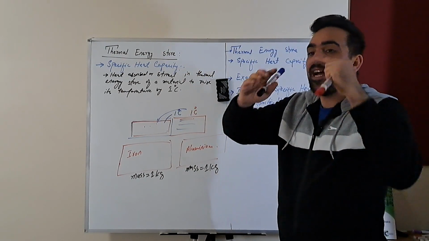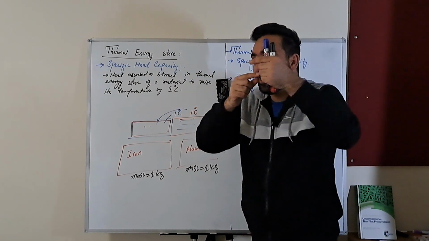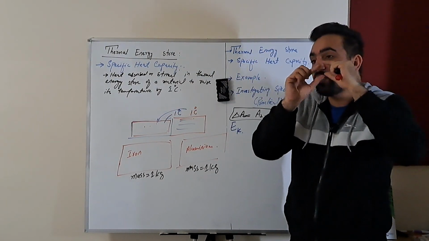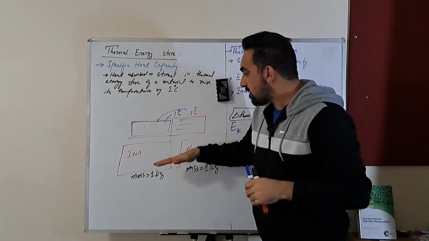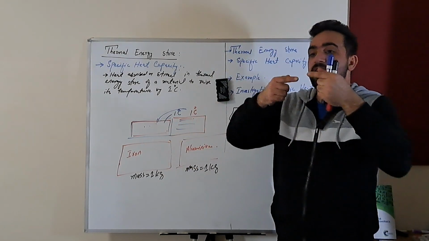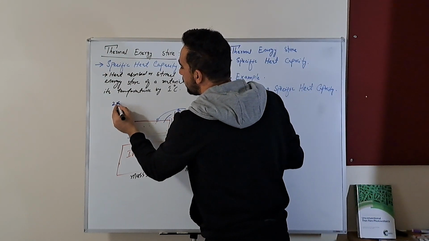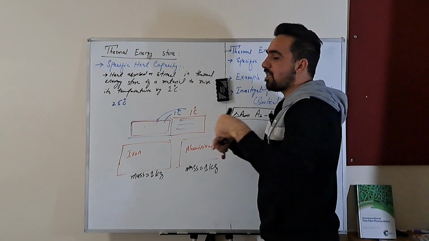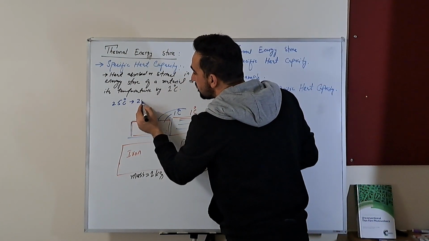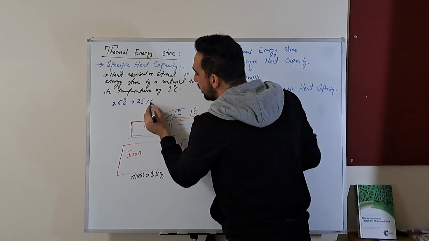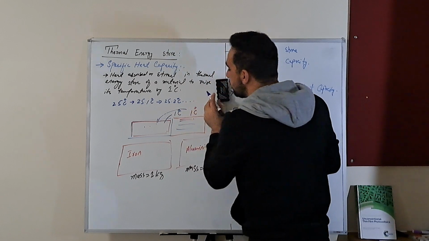So when will I know that the thermal energy store is full? When there is a change in temperature by 1 degree centigrade. I'm pouring the heat in, and initially the temperature was, let's say, 25 degrees centigrade, and as long as I'm pouring energy into its thermal energy store, the temperature starts to increase, like 25.1 degrees centigrade, 25.2, and it keeps on increasing.